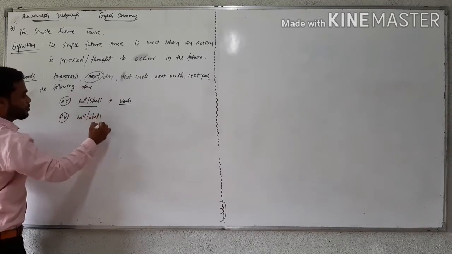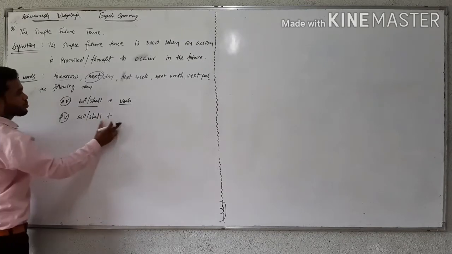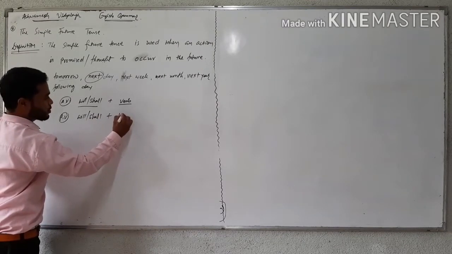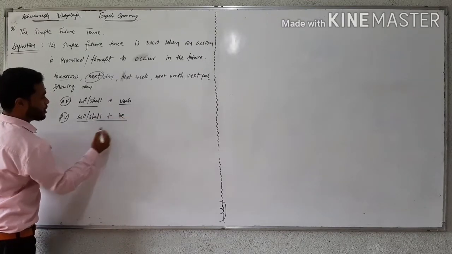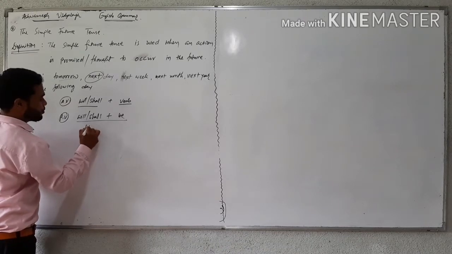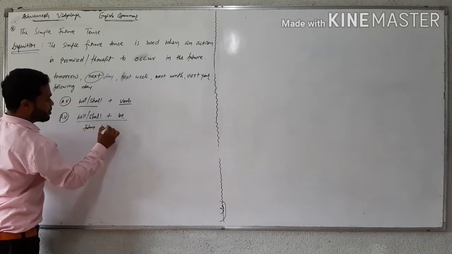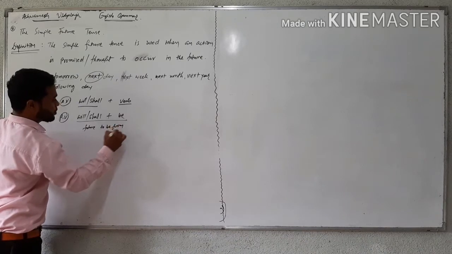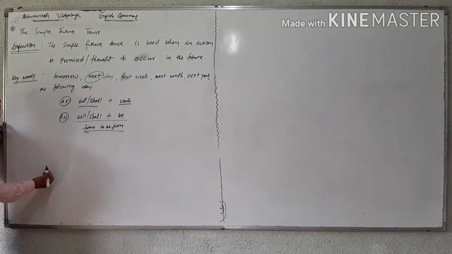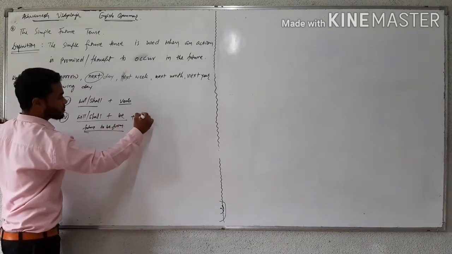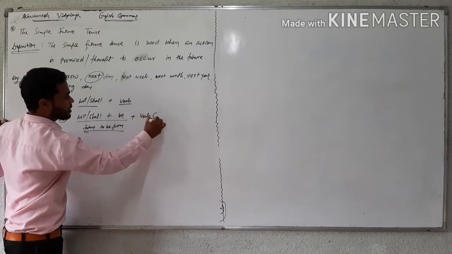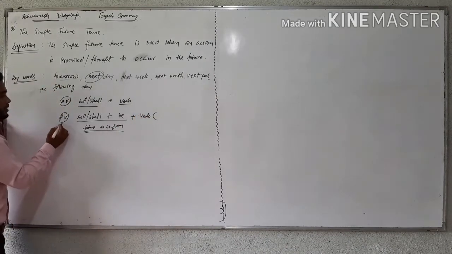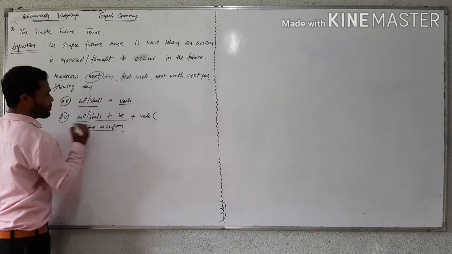First use the helping verb, then use "be" with the modal auxiliary. We use the future "to be" form plus the verb in its third form; we always use the verb's third form in a passive voice sentence.